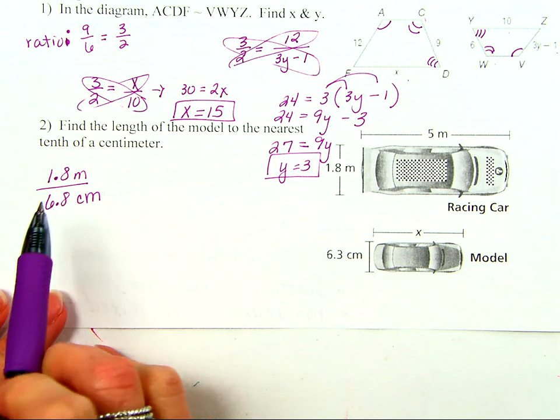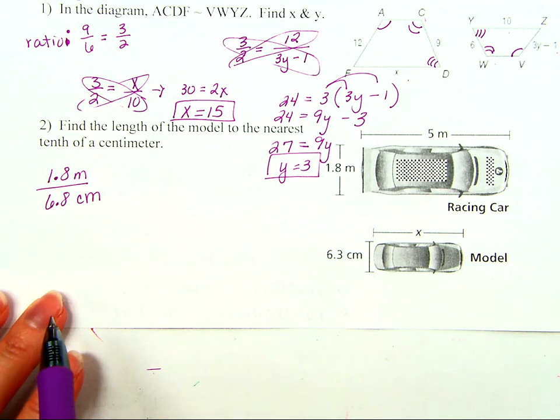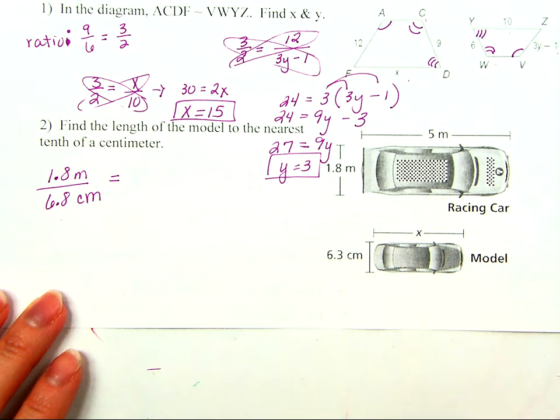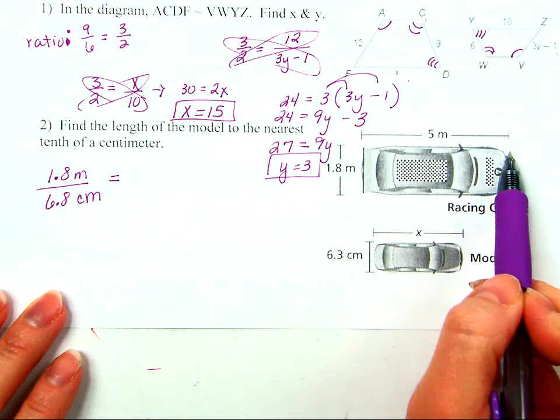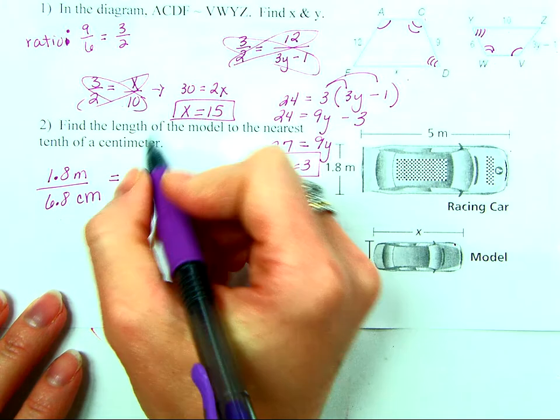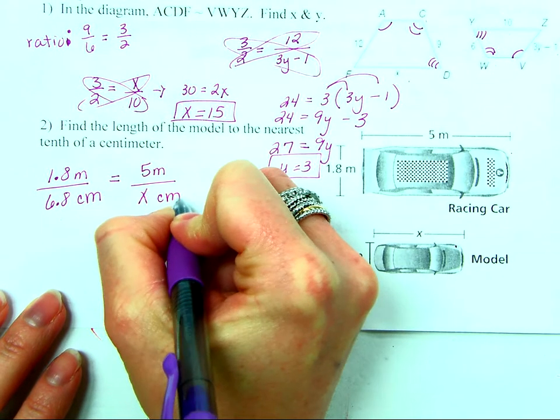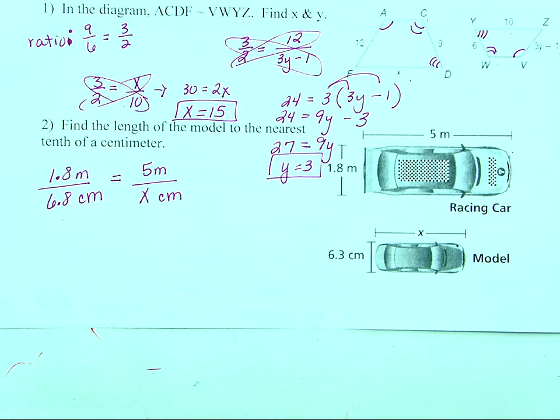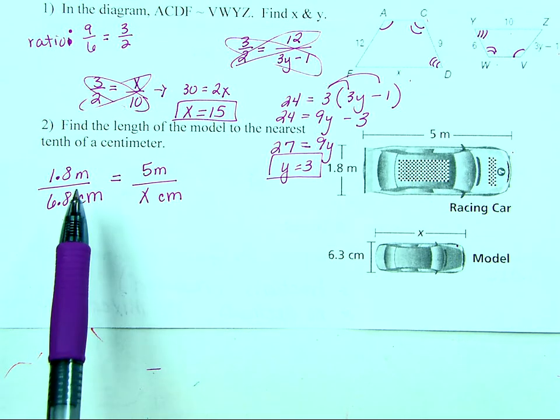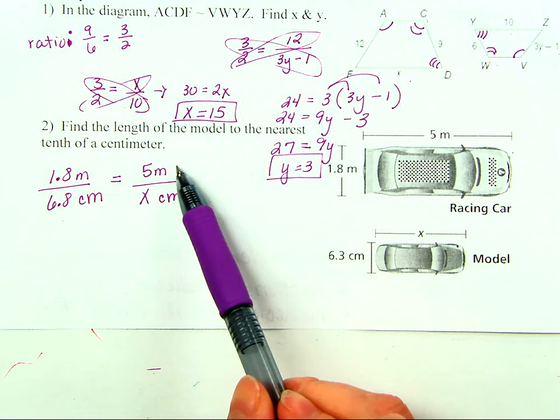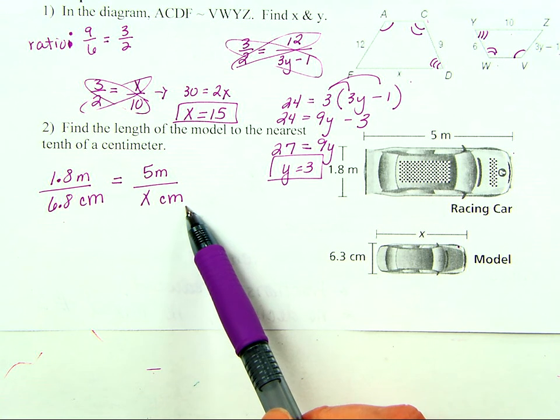So I can go ahead and set that up. And maybe since I'm solving for my missing side, I'm just going to leave this as my ratio. I see my 5 meters corresponds to x. And I can set that up as so. I can do this because meters over centimeters will match over here, meters over centimeters. So I actually don't have to do any converting.